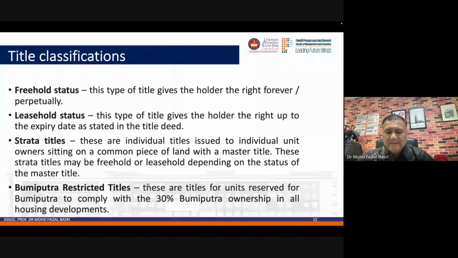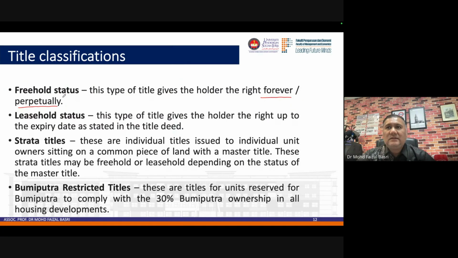So we have one status yang dipanggil sebagai freehold, ataupun bahasa Melayu dia pegangan bebas. So this freehold will give the holder, which is the owner of the property, the rights untuk duduk ataupun gunakan tanah tu forever. So maknanya sampai bila-bila lah. That's why dia tulis ni perpetually. Perpetually ni maknanya unlimited ataupun ya lah forever.